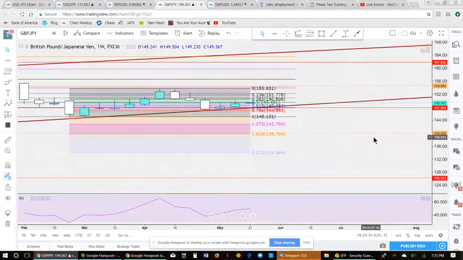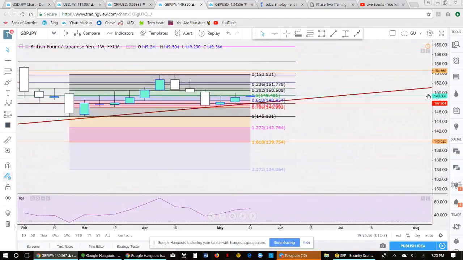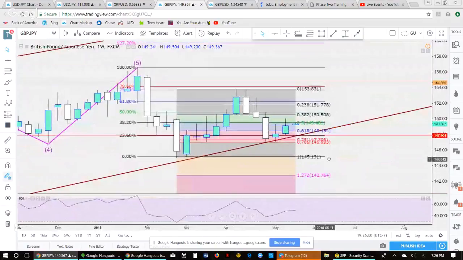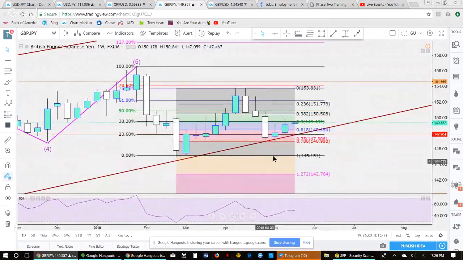Last week, or the last 2 weeks, we've been having some bullish momentum, and now we've reached, on this particular fib, the 50%. And on this sell fib, the bottom one, we've reached the 38.2.